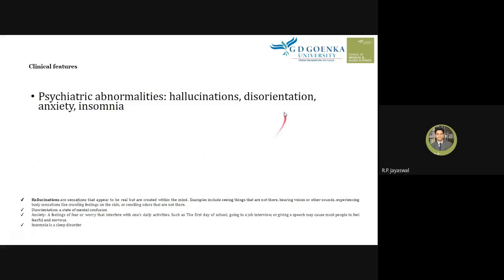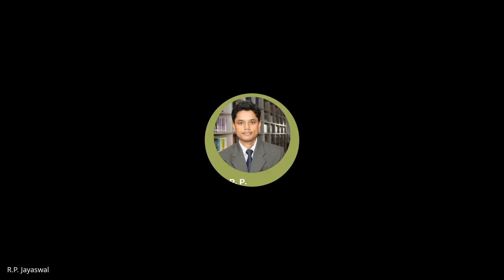Disorientation can also occur, which is a state of mental confusion. When there is mental confusion, we call it disorientation, and this can also be seen in acute intermittent porphyria. Next is anxiety, which means a feeling of fear or worry that interferes with one's daily activities.